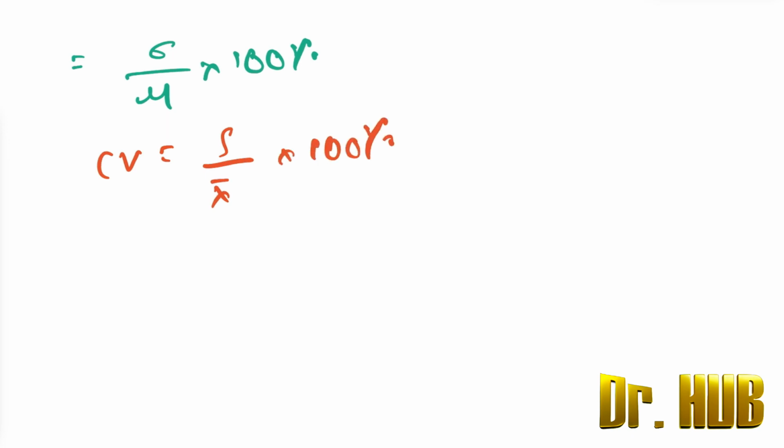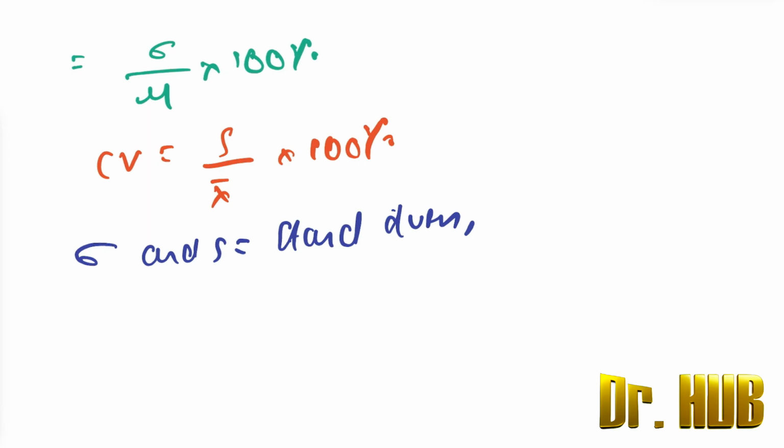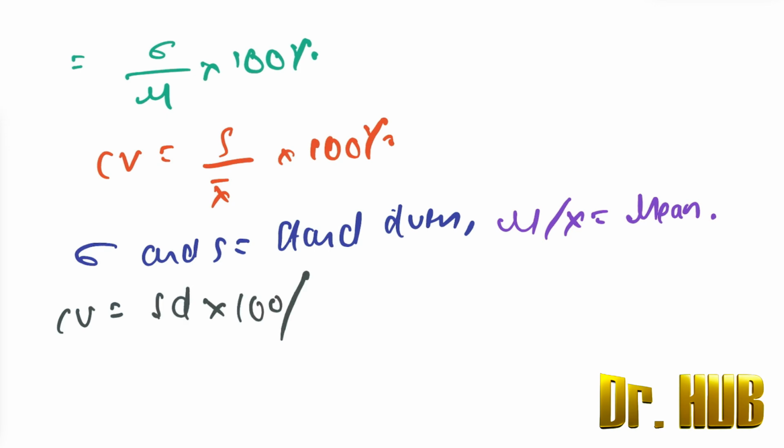Here sigma is the standard deviation, and mu, or x bar, is the mean. So the coefficient of variation is nothing but the standard deviation into 100 divided by the mean.